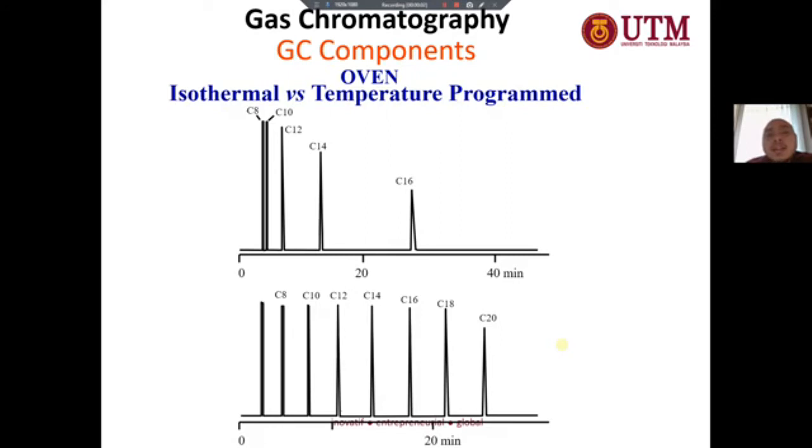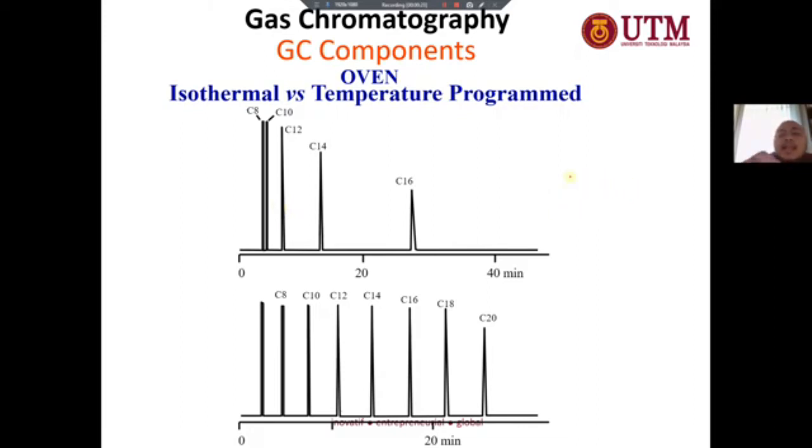Here is the example of isothermal versus temperature program. Here we have, for example, C8 until C20. Based on isothermal, maybe he sets it at 200 degrees Celsius. So what happened? Some of the analytes are not separated.